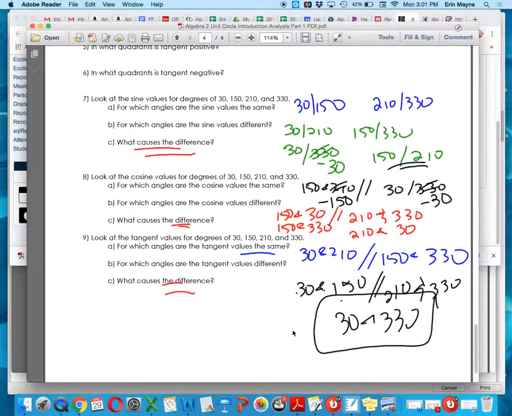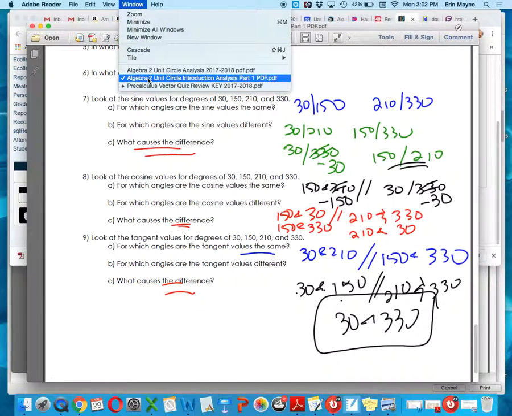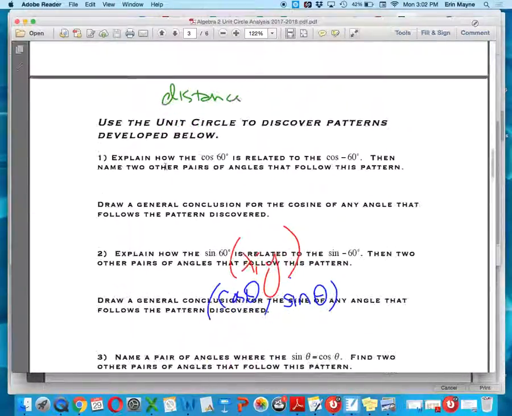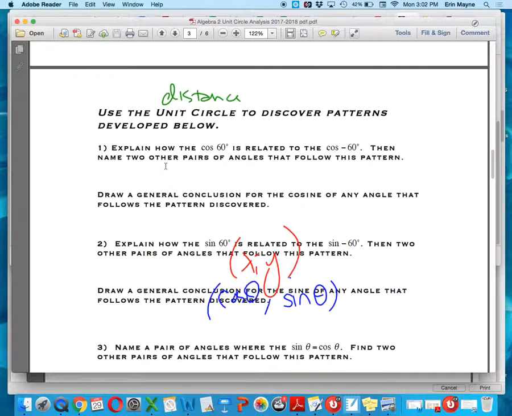Okay. So look at the second part of the question. The second part says give another pair that will have the same property. Could you do that for me? Give me another pair. 45 and negative 45.